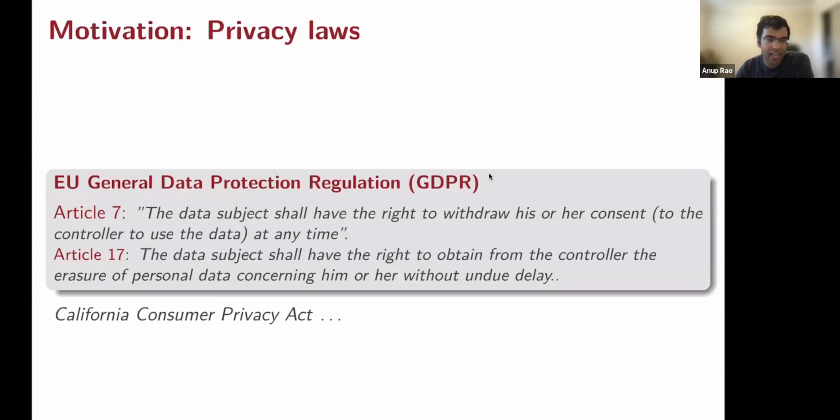Essentially, this gives users the right to ask for their data to be deleted from the company's database. Similar provisions were also part of the California Consumer Privacy Act.